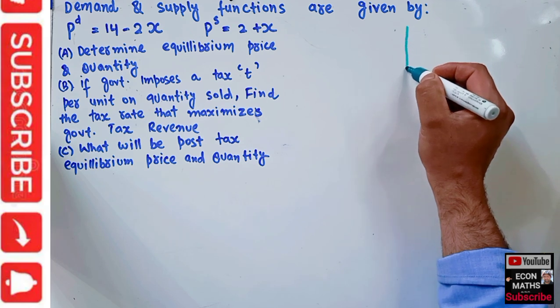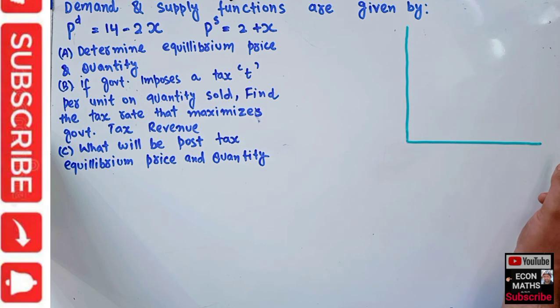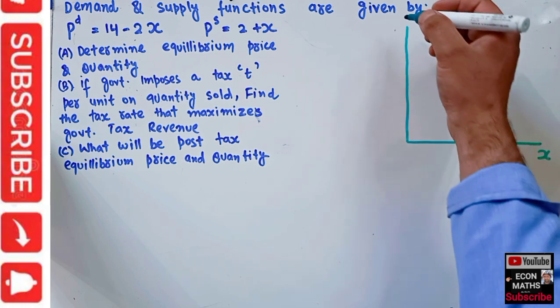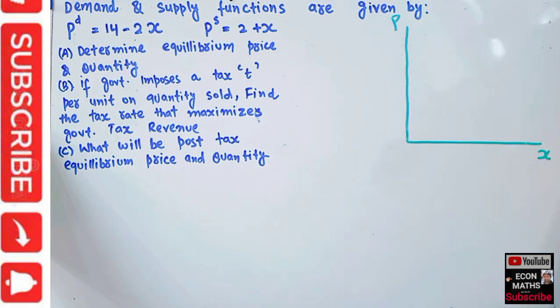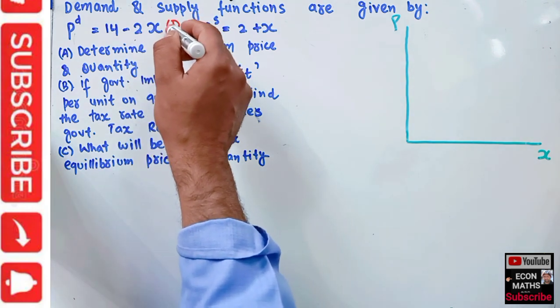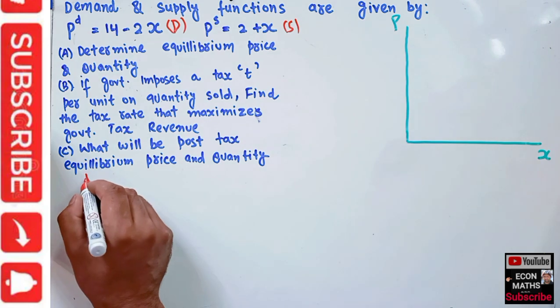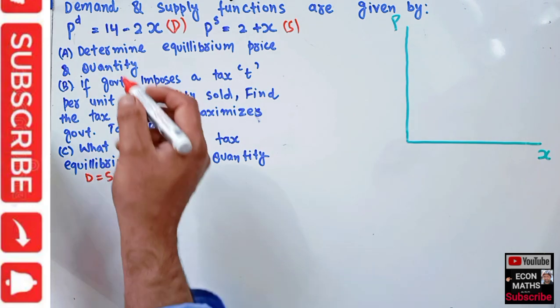Let us say we have quantity on the horizontal axis and price on the vertical axis. Initially we have to find out the equilibrium price and quantity. Given this demand function and this supply function, we know equilibrium occurs where demand is equal to supply, so we equate these two.